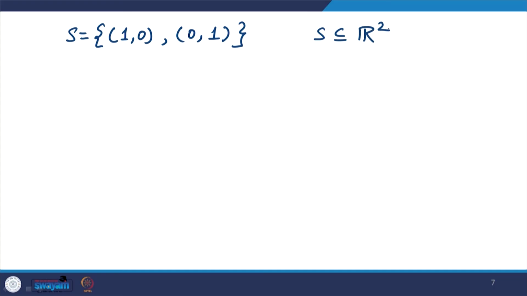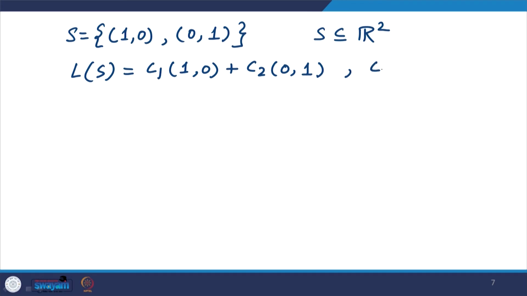We are having two vectors from R2. Now, L(S) will be c1 (1, 0) plus c2 (0, 1), where c1, c2 belong to R. So, what this will become is (c1, c2).